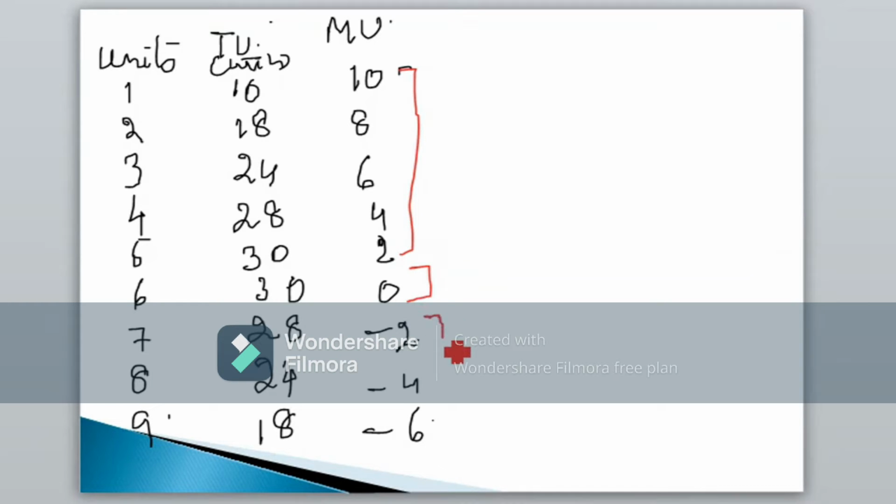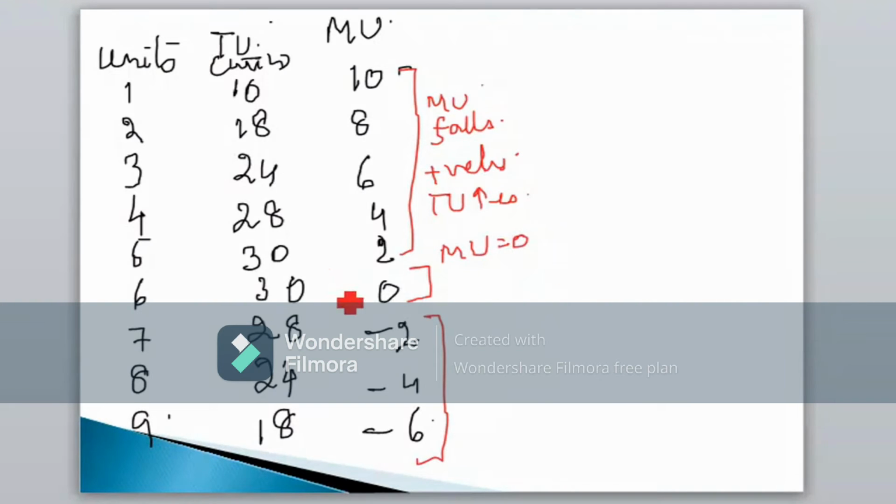Now, this marginal utility is falling throughout. But this fall in marginal utility, I can divide into 3 parts. In the first part, MU falls but stays positive. Total utility increases at this point. So total utility increases. Now here at this part, marginal utility is 0 and total utility is maximum.